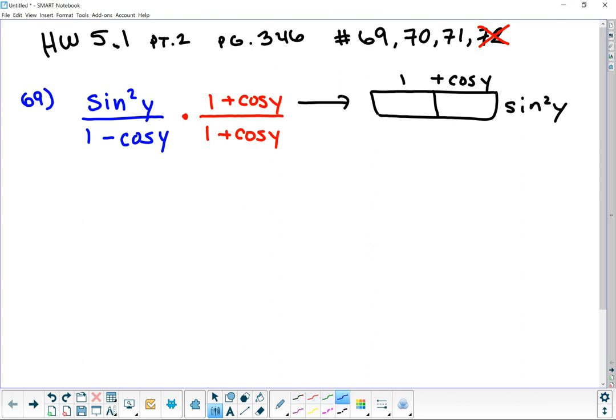By doing that, you will get 1 times sine squared y, it's just sine squared y, and cosine y times sine squared y, you can do either one first, but I'm going to put the sine first. So you get sine squared y cosine y. All right, so that's what I get on top.